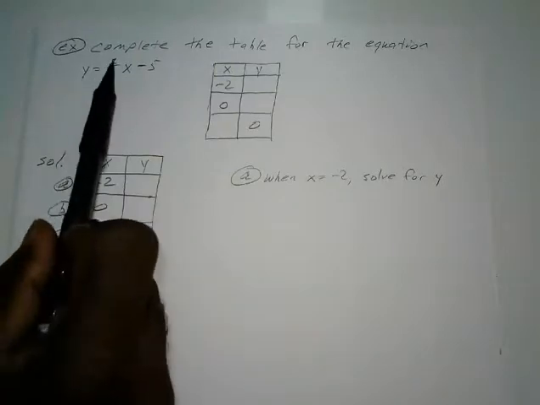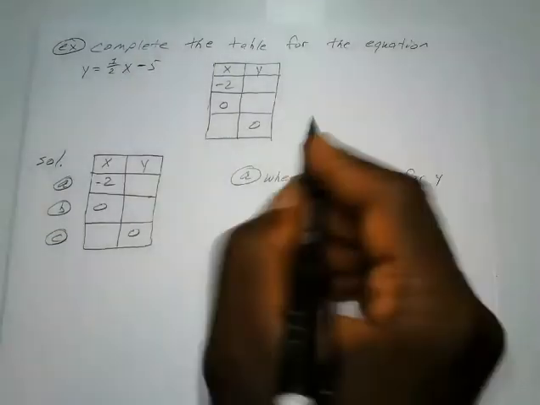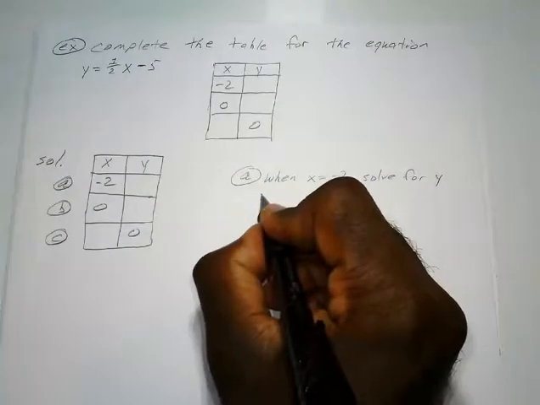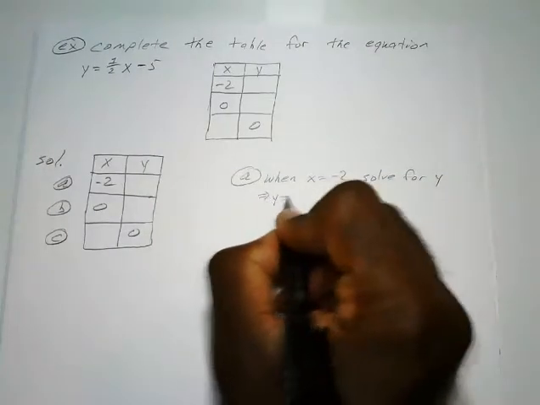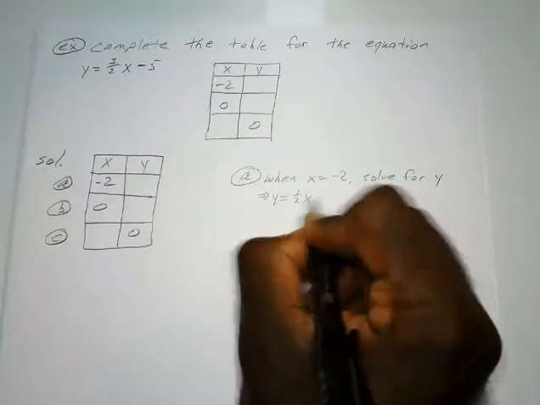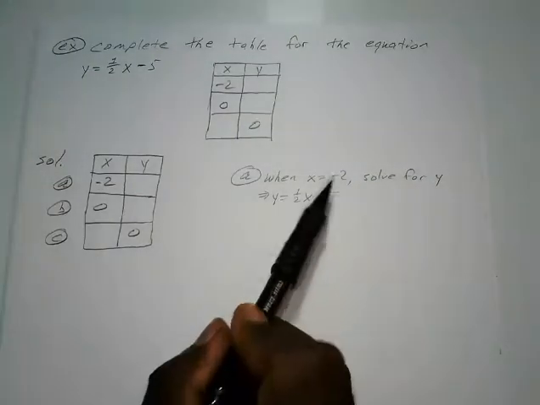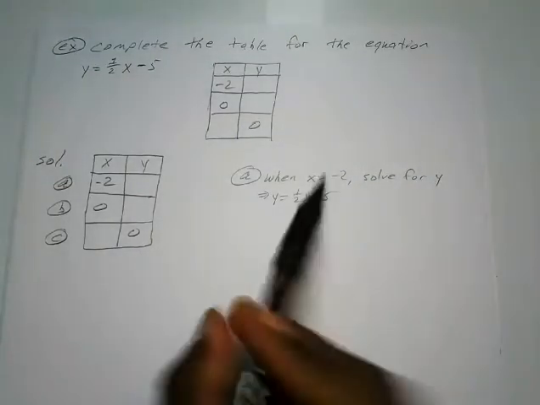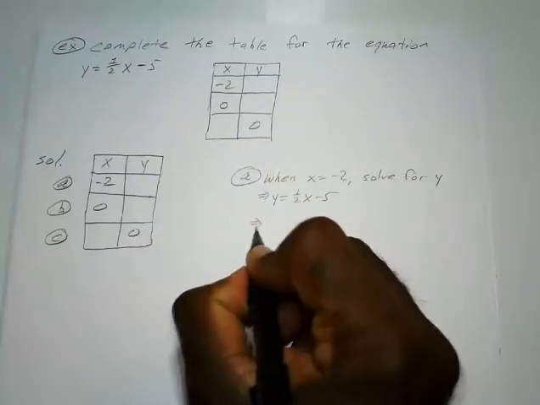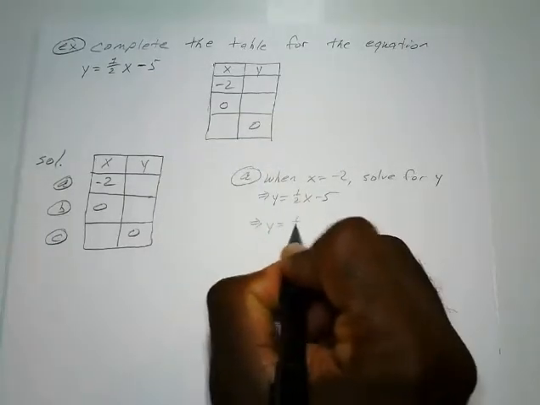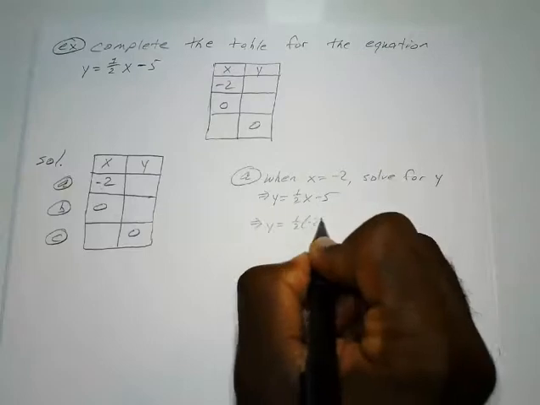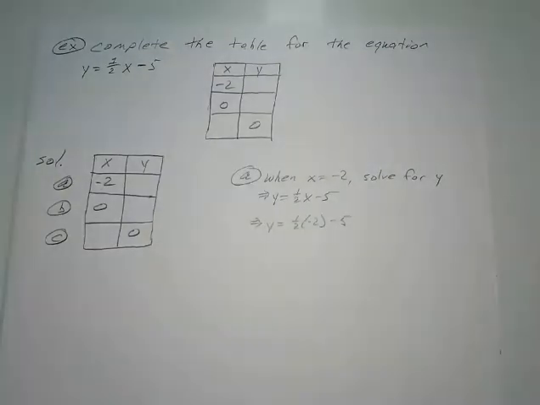Okay, so y equals 1/2 x minus 5. That's what we're starting with. And we're going to replace our x with -2. So y equals 1/2 times -2 minus 5.